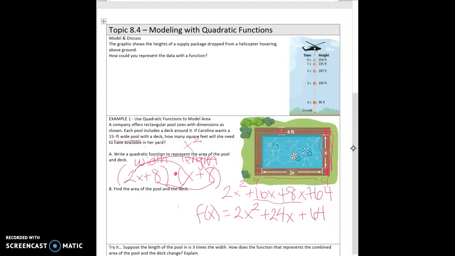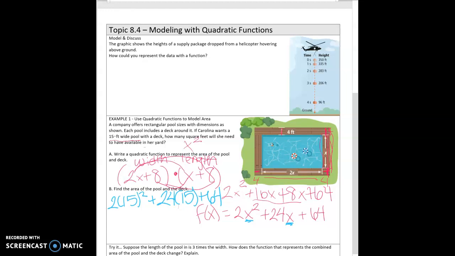Okay, so now we want to know, if she wants a 15-foot wide pool, how big does her yard need to be? So we're going to plug in 15 for our x. We have 2 times 15 squared plus 24 times 15 plus 64.